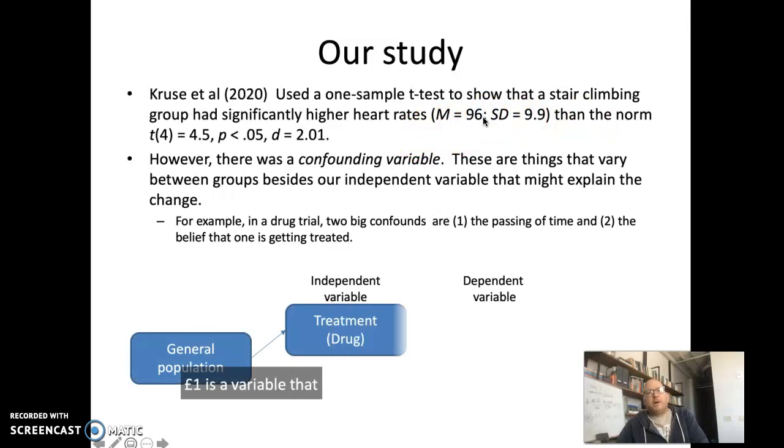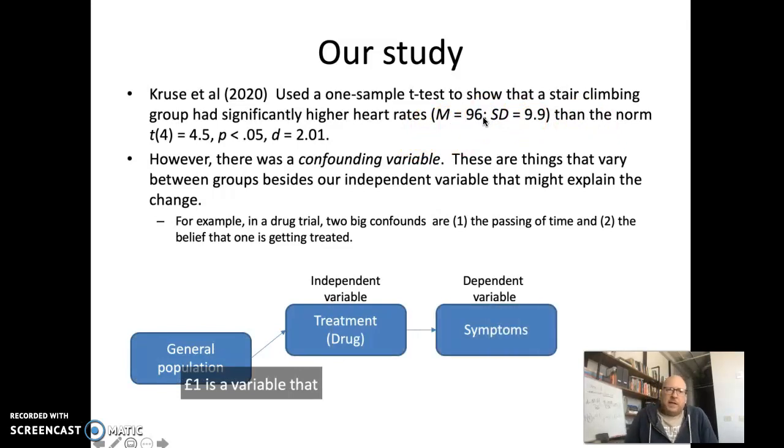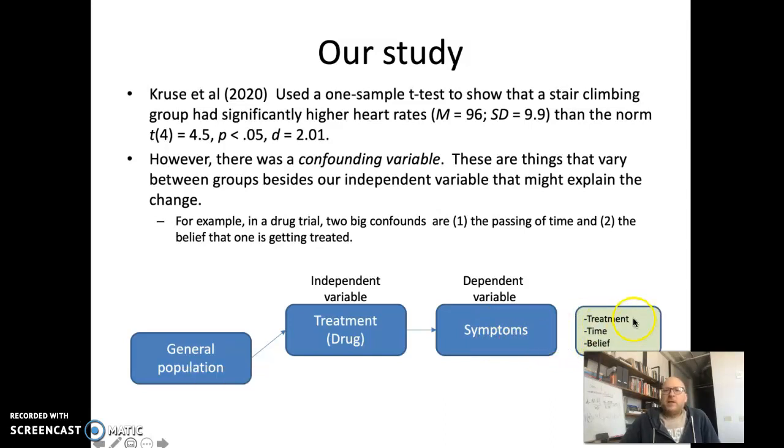So the way that would work in a study is that your general population might take a drug. Later on, we'd measure the symptoms, and any change in symptoms we could attribute to the treatment. But it also could just be that they got better over time, or it could be something about the belief that they were getting treated helped them.